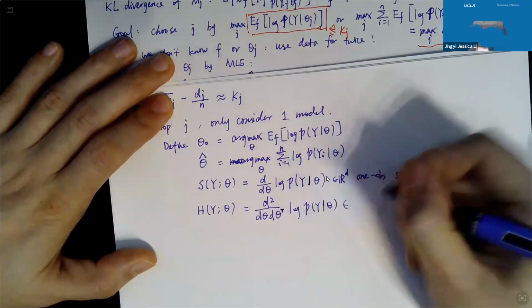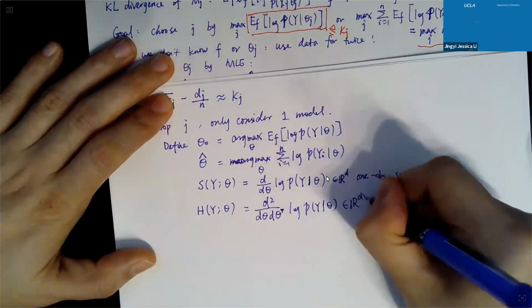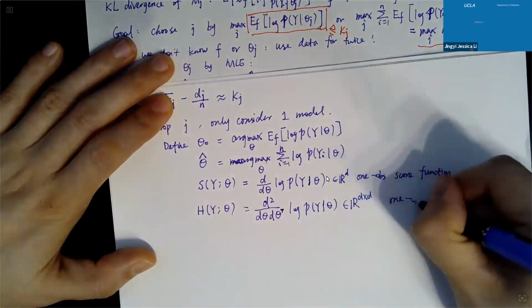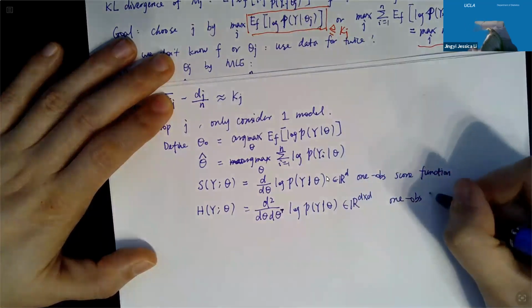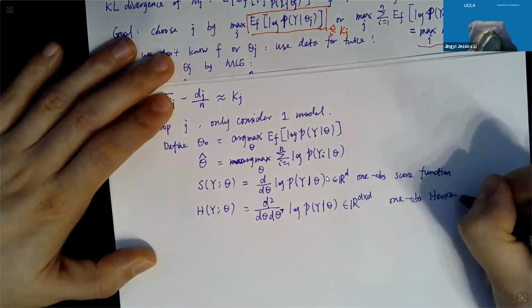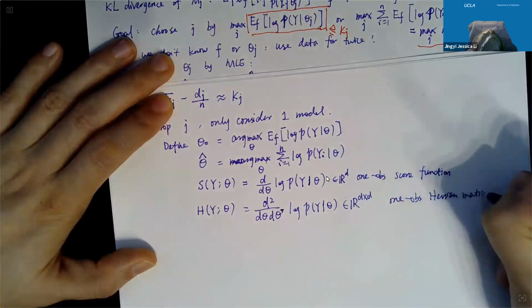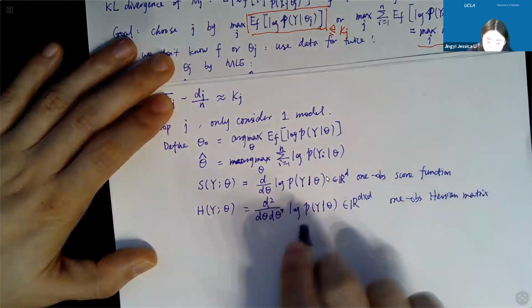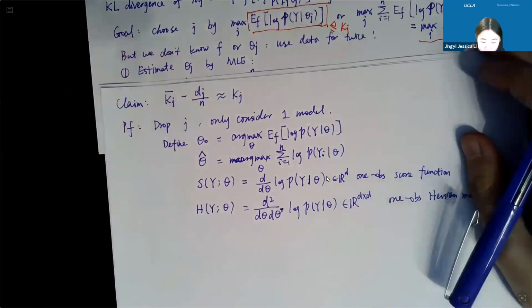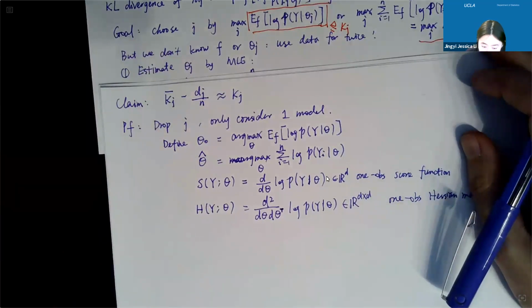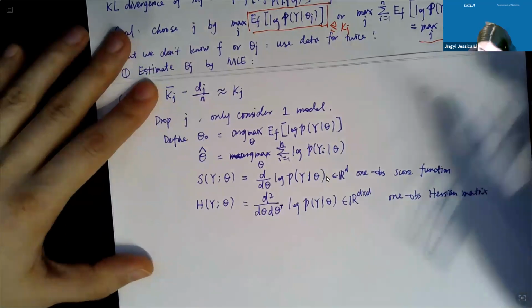This is a d by d matrix. We call this the one observation Hessian matrix of the log density.